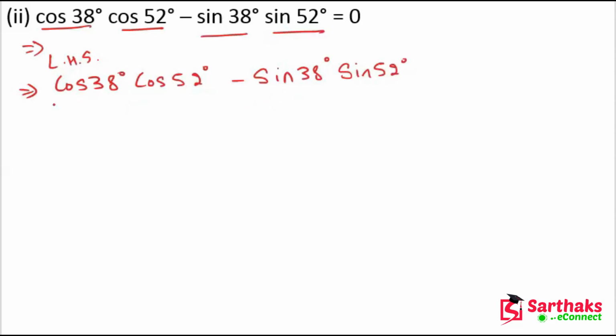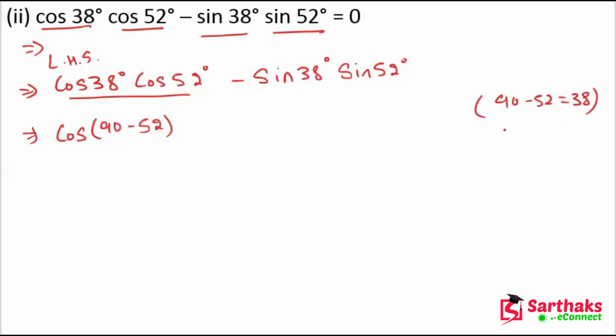Now we have to convert this term to be similar to this term. How can we convert? We can write it as cos (90 minus 52), because 90 minus 52 is 38. Understand? Yes.